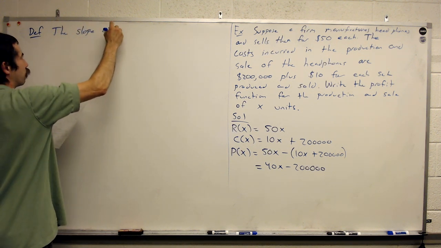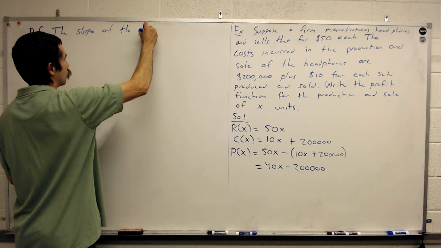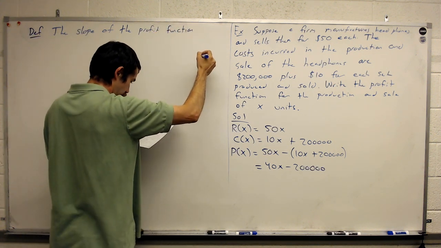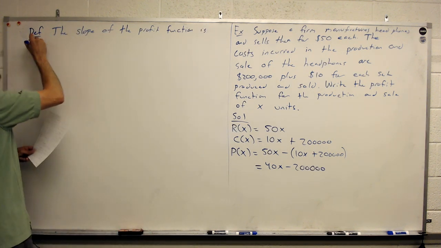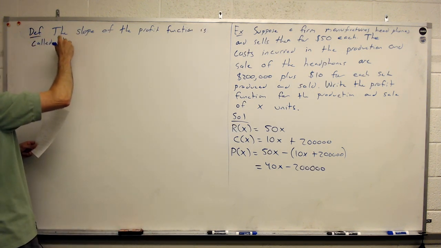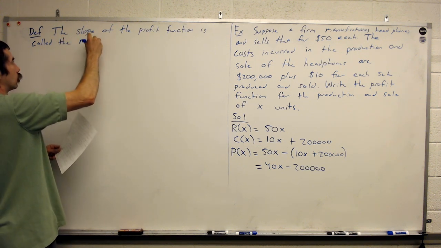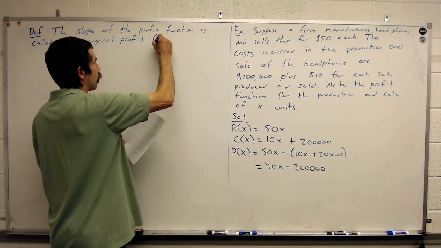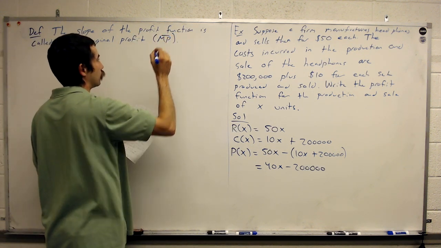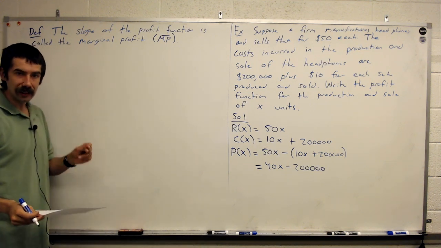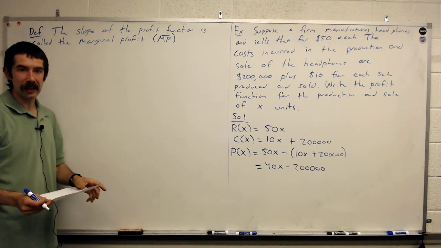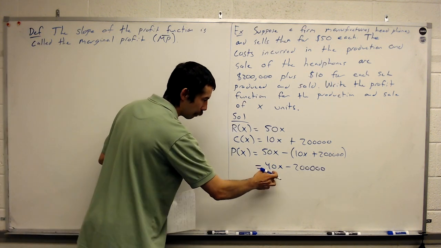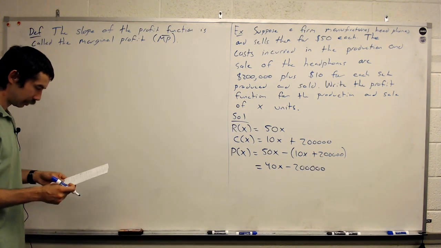The slope of the profit function is called the marginal profit, which we write MP overlined. It tells us how much our profit increases from that next unit sold. Right? If we increase X by 1, our profit will increase by $40.